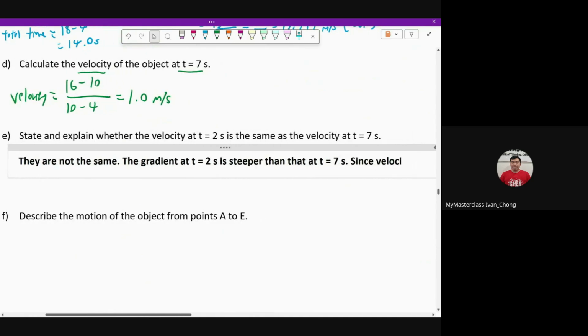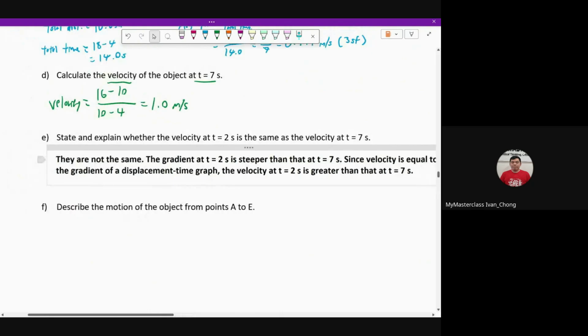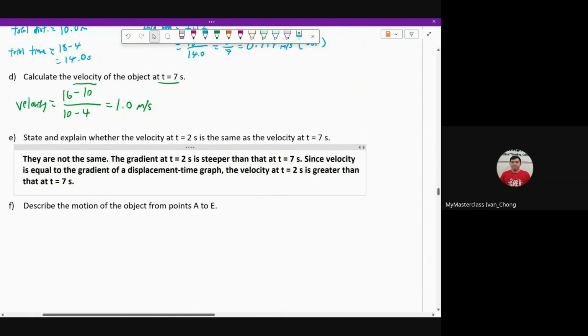Since velocity is equal to the gradient of a displacement-time graph, the velocity at t equals to 2 seconds is greater than that at t equals to 7 seconds. So you want to state the relationship between your gradient and your velocity itself.